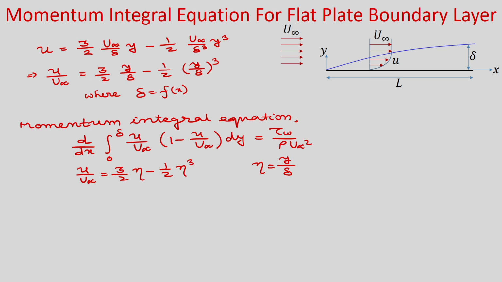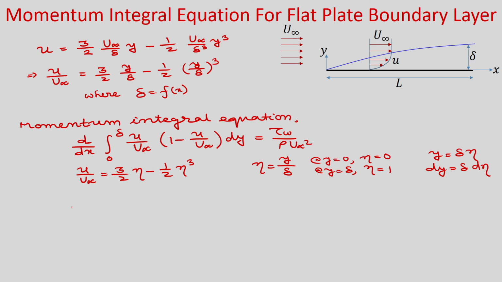So, eta is equal to y by delta, that means the limits now in terms of eta you can see that at y is equal to 0, obviously eta is equal to 0, and at y is equal to delta eta is equal to 1. Okay. And we have written y is equal to delta eta. So, we can write dy is equal to delta d eta. Okay. So, now all these you put in this expression.